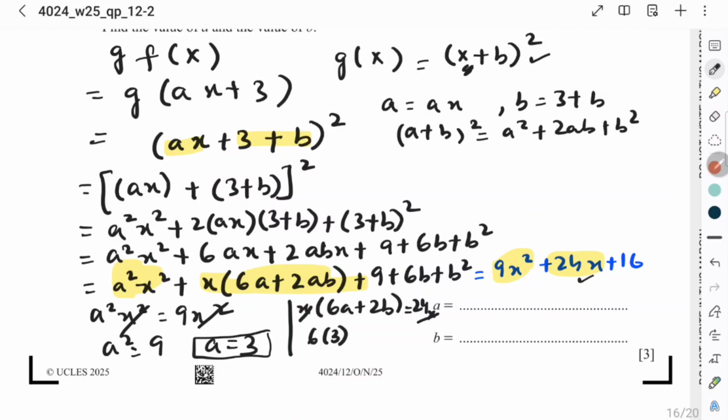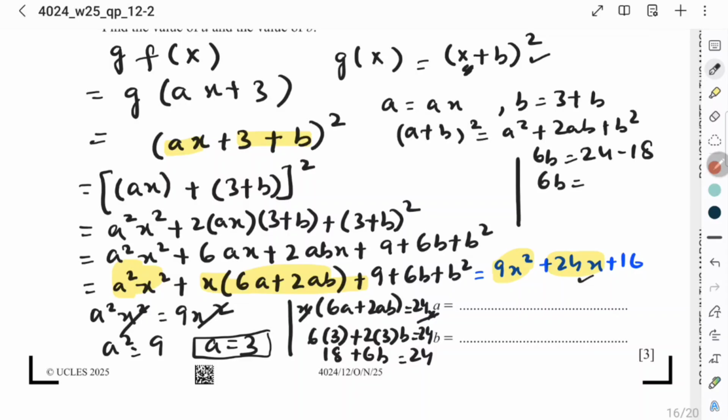Okay. 2 times 3 times b is equal to 24. 18 plus 6b is equal to 24. So 6b is equal to 24 minus 18. 6b is equal to 6 only. Then b is equal to 6 upon 6, which equals 1.